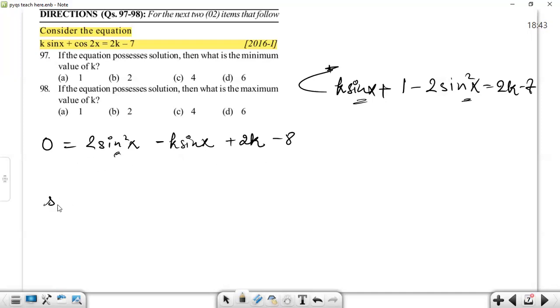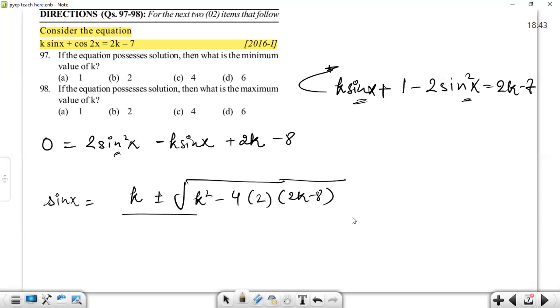Let's apply the Sridharacharya formula, which says minus b, so minus of minus becomes plus, square root of b square minus 4ac, by 2a.